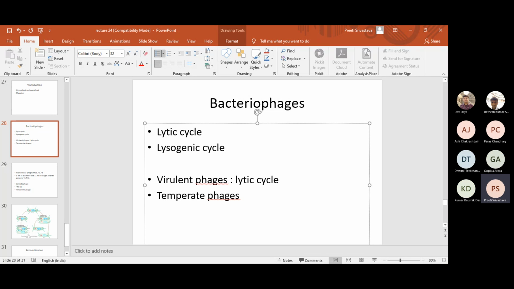Temperate phages are the phages which can show both the lytic cycle and also the lysogenic cycle. Lysogeny is the stage when the phage DNA integrates in the chromosome, and the lytic cycle is when the phage DNA is packaged and the cell is lysed.